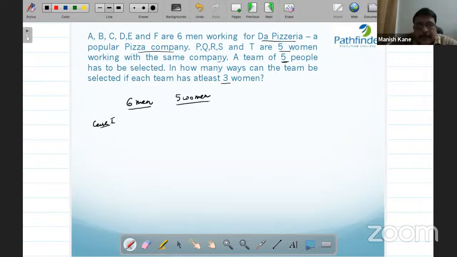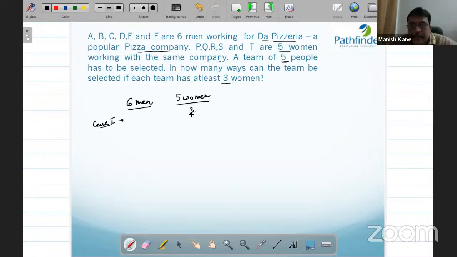Case 1. Can anybody tell me how many men and how many women can be there in case 1? Anybody, if you can write it in the chat box. Number of men and number of women in case 1. Anyone? The minimum number of women is 3.